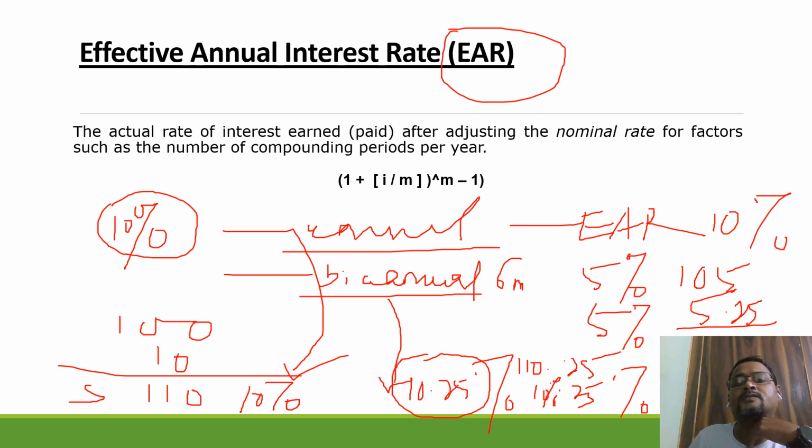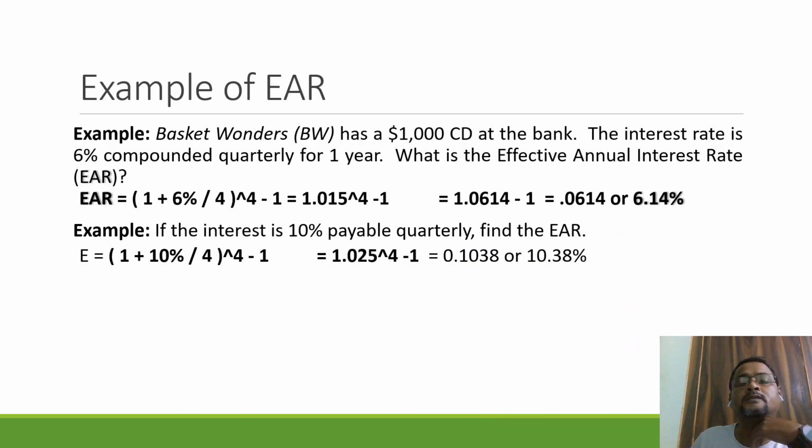For effective interest rate, you use the formula (1 + i/m)^m − 1, where m is the number of compounding periods. Let's see. Suppose you are using 6% compounded quarterly for 1 year. That means you are compounding 4 times in a year.